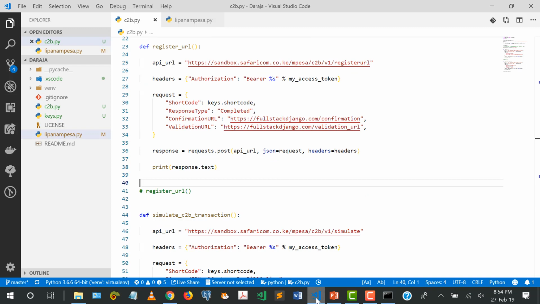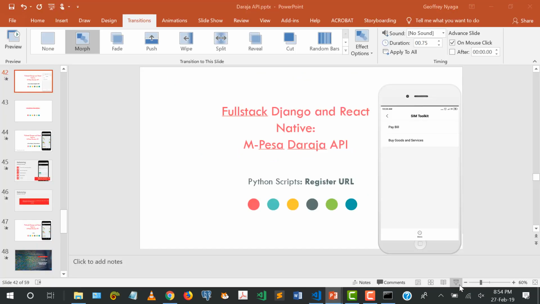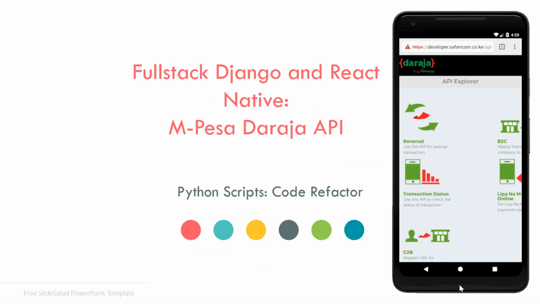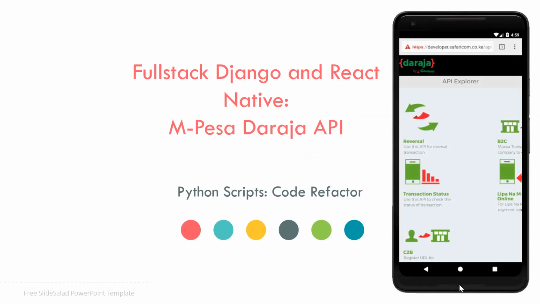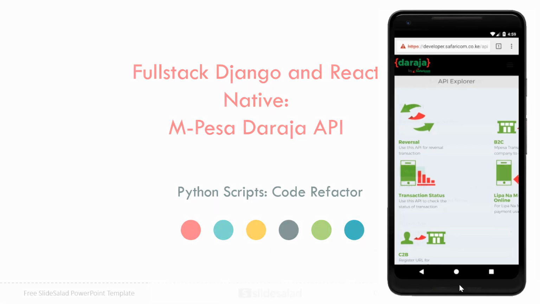So going back to the slides, we need to look at what is called code refactoring, and it's good we start refactoring and reorganizing our code to make it more readable and to put them in separate folders and files.